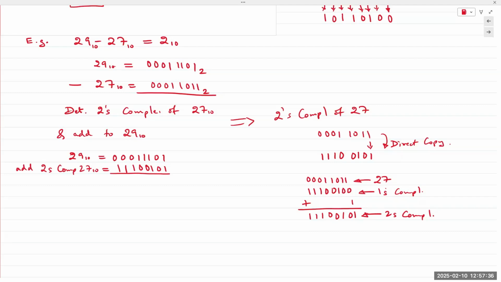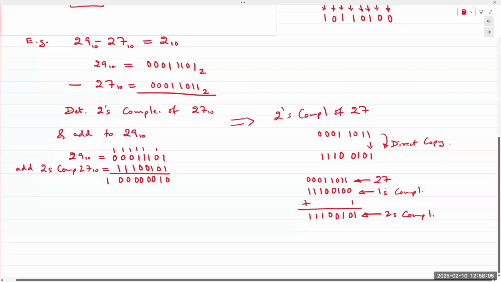1 plus 1, least significant bit, gives me 0 and carry of 1. That 1 comes down, gives me 1. This becomes 0, carry of 1. 1 plus 1 again gives me 0, carry of 1. Again, 0, carry of 1, and so on. This carry right there at the end is discarded because we are 8 bits.